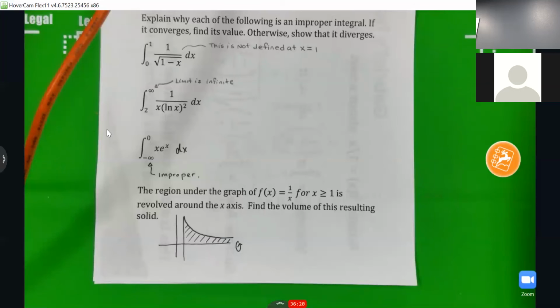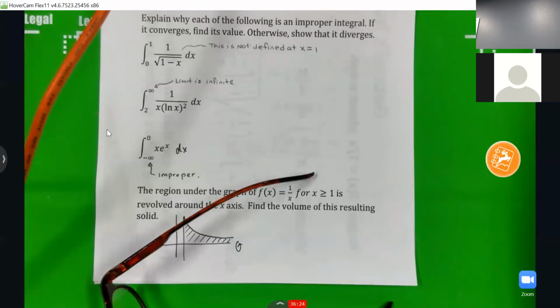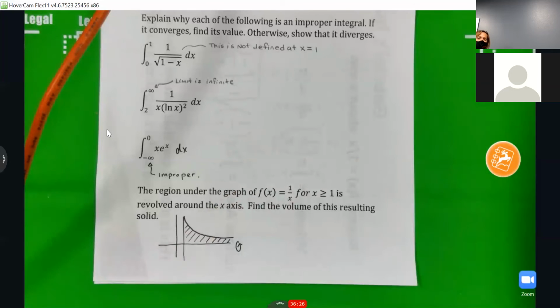So we're going back to our volumes of solids of revolution. We can figure out how we're going to do this. You can tell me, and we'll see if this is a finite number. All right, this is your turn.